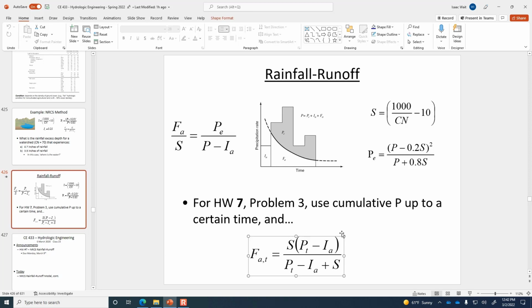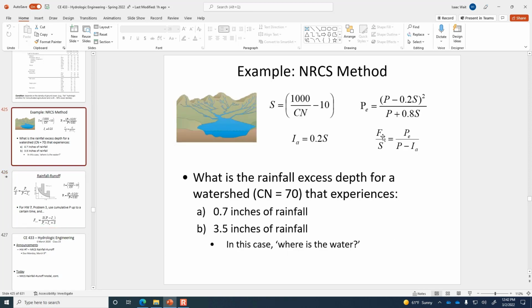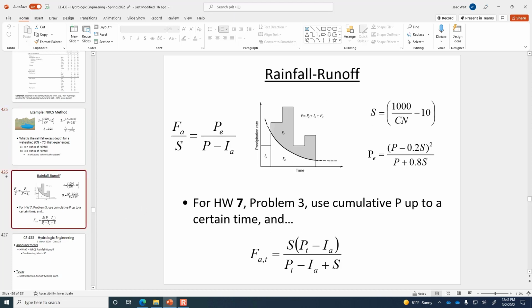So here we've just rearranged this equation, expressing it in terms of up to a certain point. S doesn't vary based on time. It's just a maximum storage quantity. Initial abstraction also doesn't vary based on time. But what does vary is how much precipitation there's been up to a certain point.